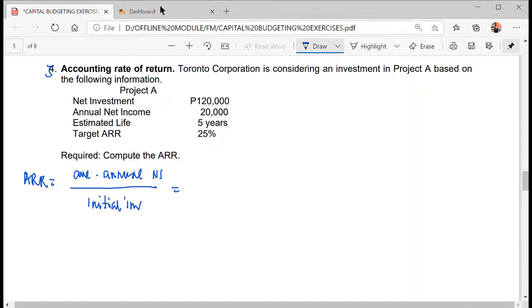Our average annual net income here is given, so there's no problem. So just copy 20,000 and divide by the initial investment, which is also given. Okay? So no problem. Just get the amounts and substitute. So 20 divided by 120, that's 16.67. Okay. It's easy once the problem gives the values.